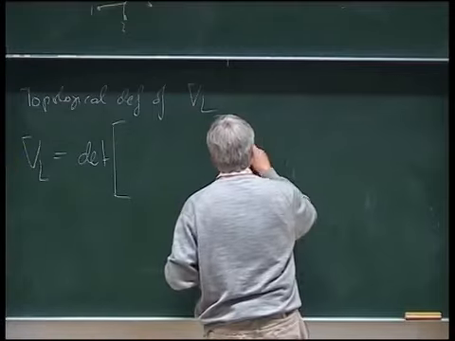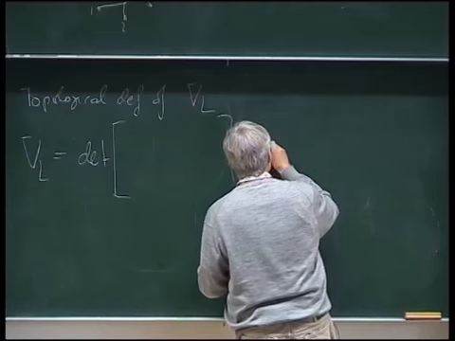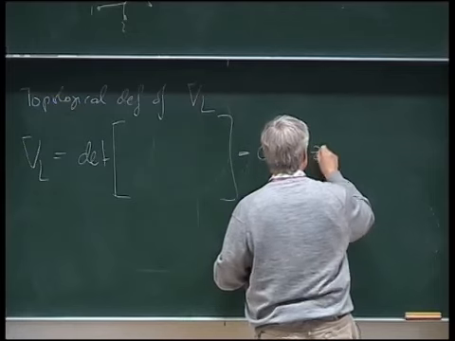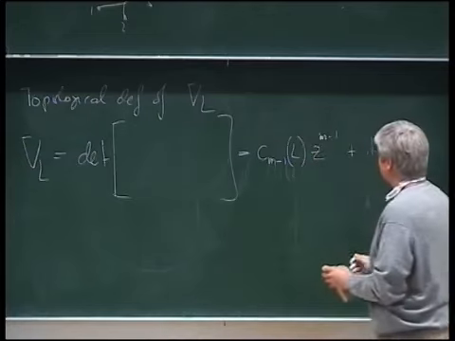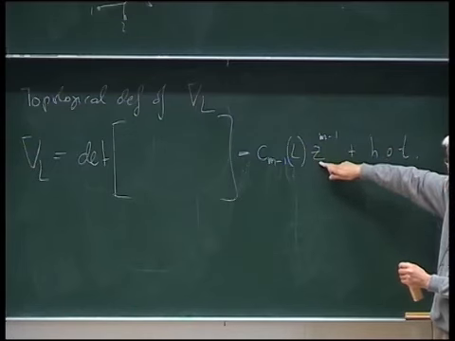I will not explain, but what you can see is that it will start in degree m minus 1: c_{m-1}(L) times z to the m minus 1 plus higher order terms. So for this 2-component thing, it would start in degree 1.